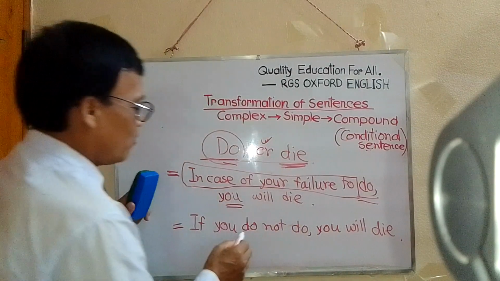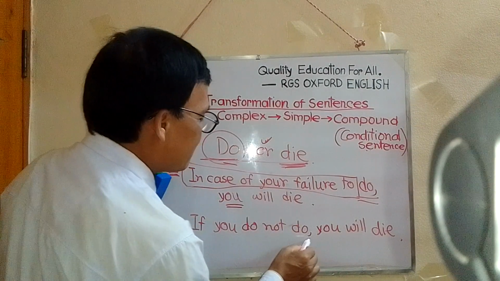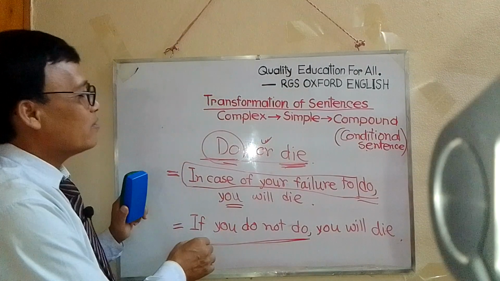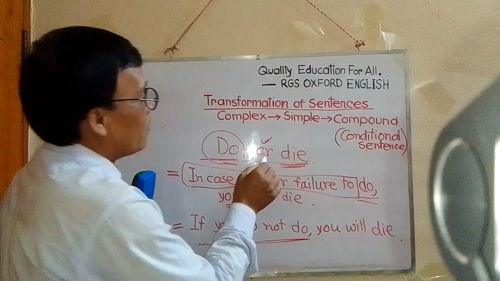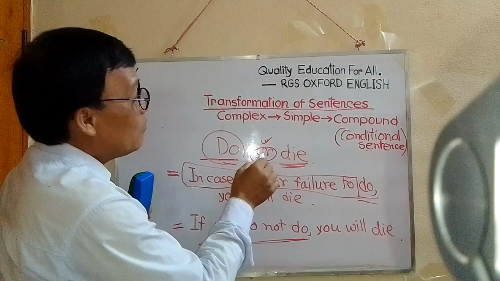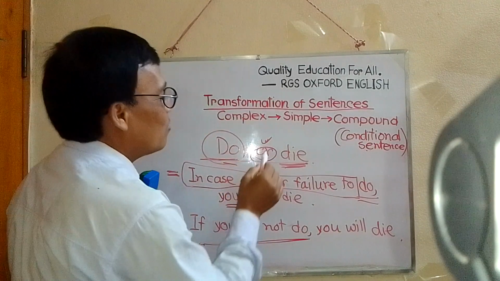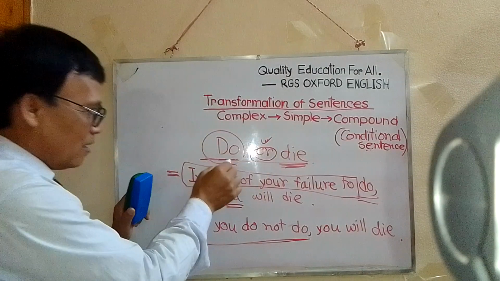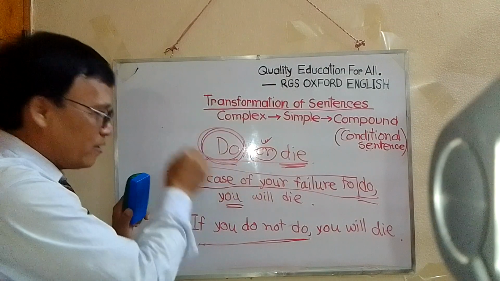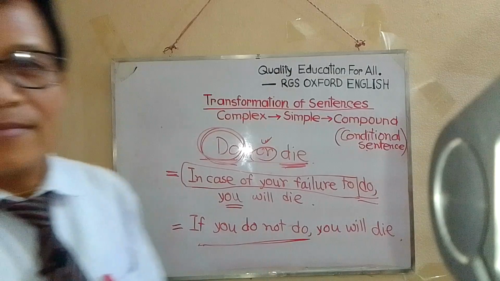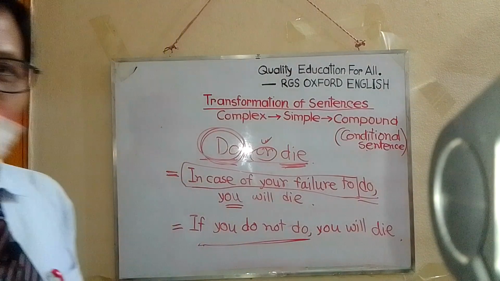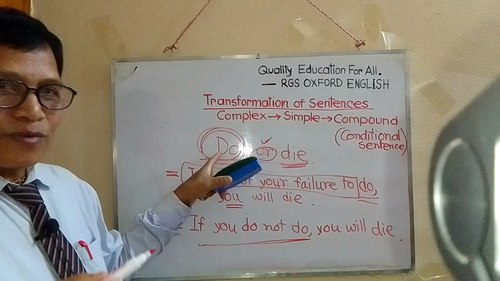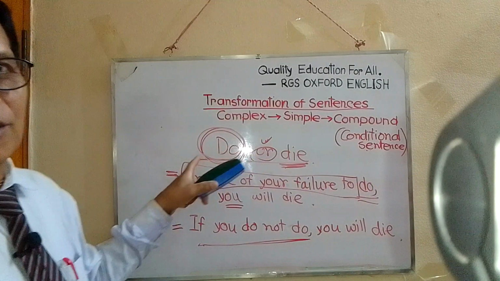If you do not do, it is a negative expression. Here is "or," and in the compound sentence with "or," you must think that the first clause is a negative expression, so if you want to make it complex, you must make it negative.